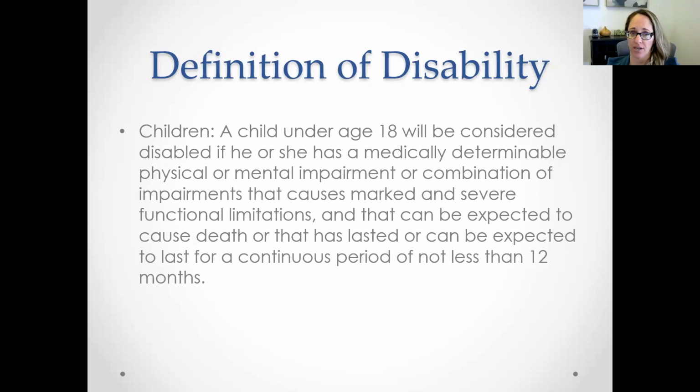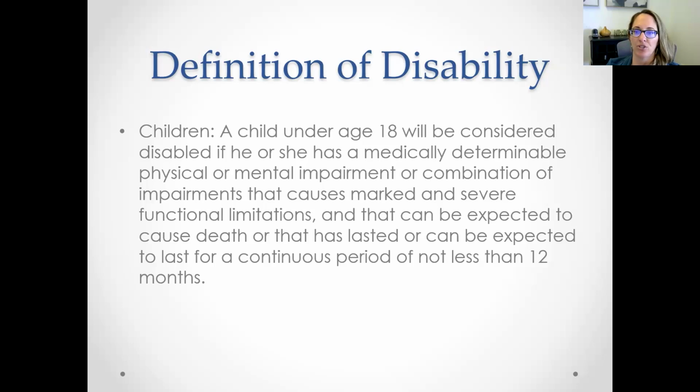For children, it's different. The definition of disability for children doesn't have any work component. Obviously, no one's saying, can a kid work? Whereas with adults, the issue is, can someone do their past work or other work? For children, it's purely, what medical condition do they have and how bad is it?